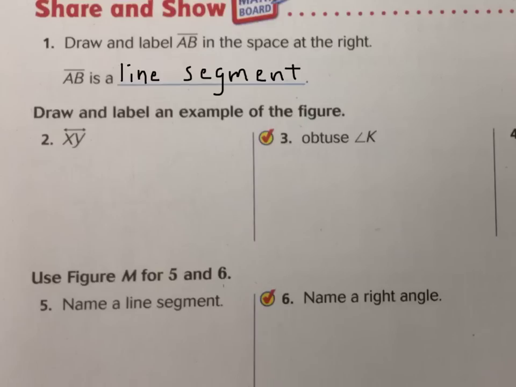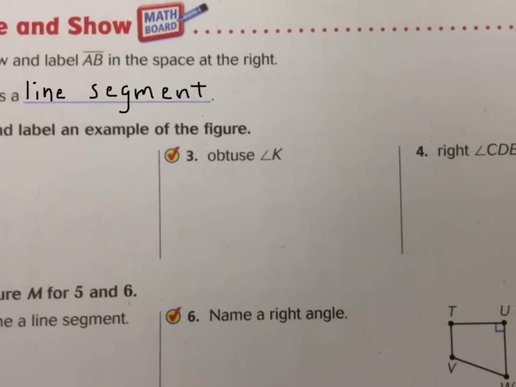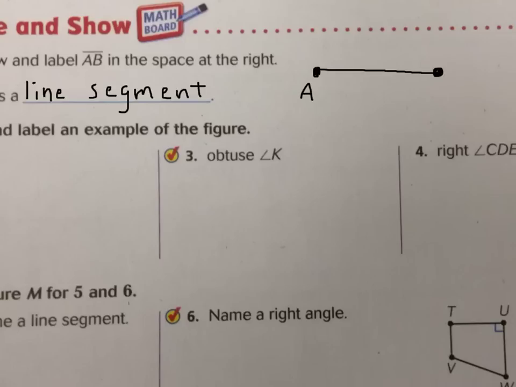And then we will move it over just a little bit so we can draw line segment AB. So we'll draw 2 points. We'll connect them with a line, and since they do not go on forever in either direction, we need no arrows. All we need now is the letter A and the letter B. So that's how you draw a line segment AB.